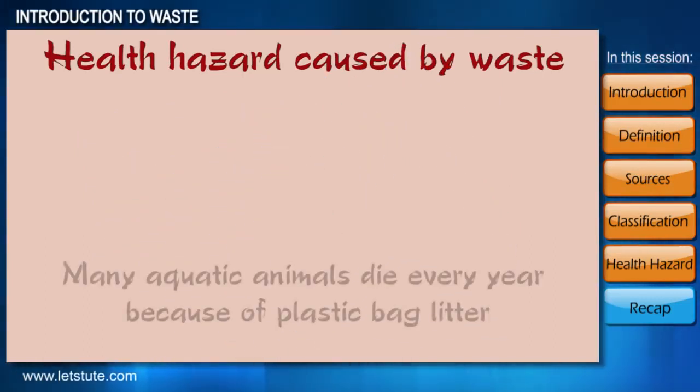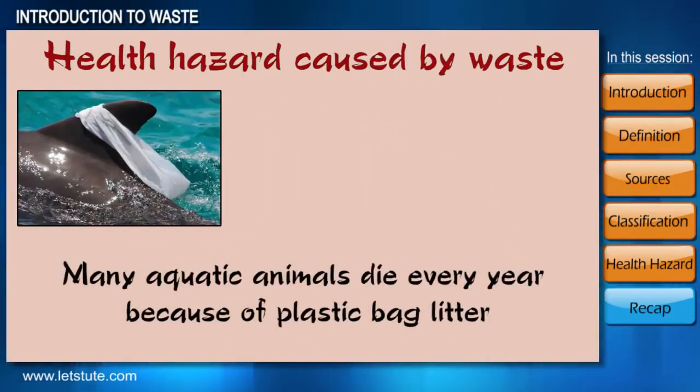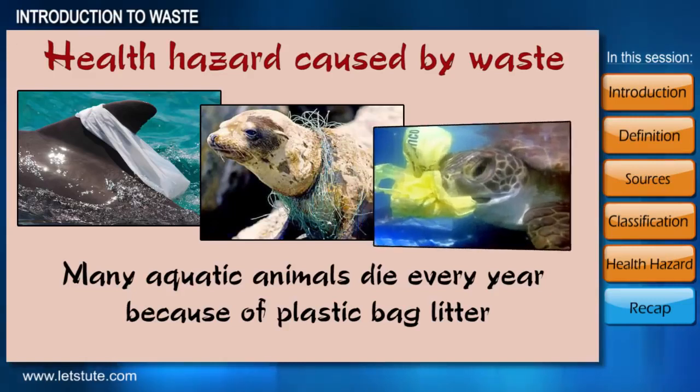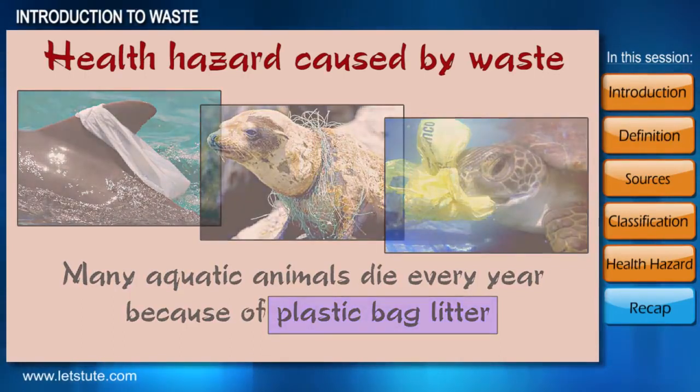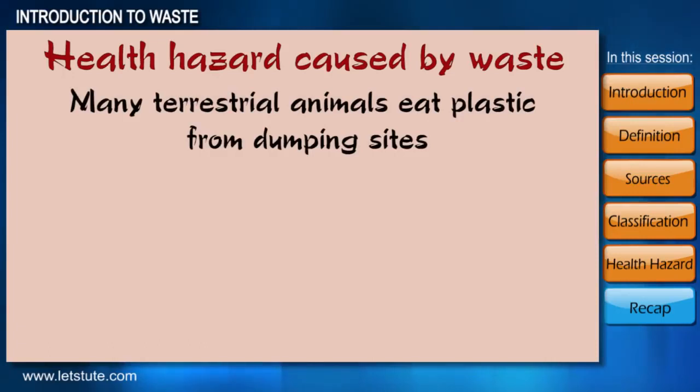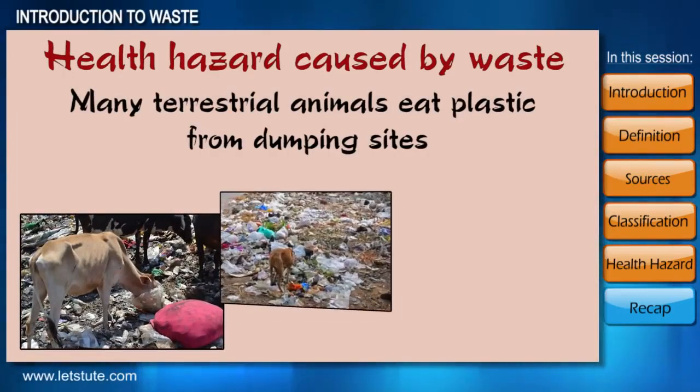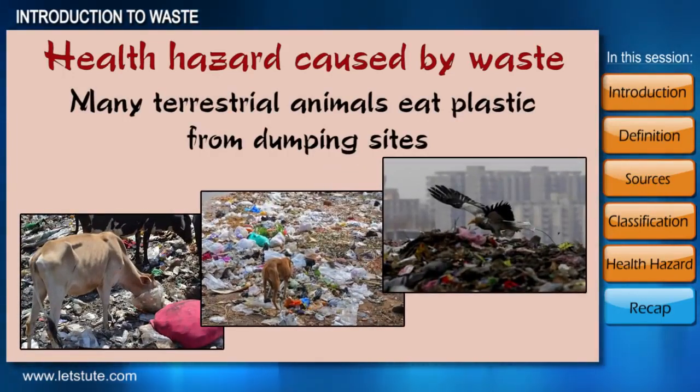Moreover, many aquatic animals like whales, seals, and turtles die every year from plastic bag litter as they often mistake plastic bags for their food. Similarly, many terrestrial animals like cows, dogs, and even many birds eat plastic from the dumping sites, ultimately leading to their death.